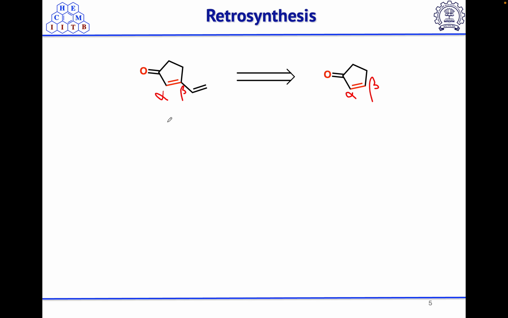So in this retrosynthetic analysis, this is our target molecule, and this is the starting material. Now in this target molecule we have a beta substituent. The beta substituent is a vinyl group. But in the starting material we do not have any substitution at the alpha or beta position.